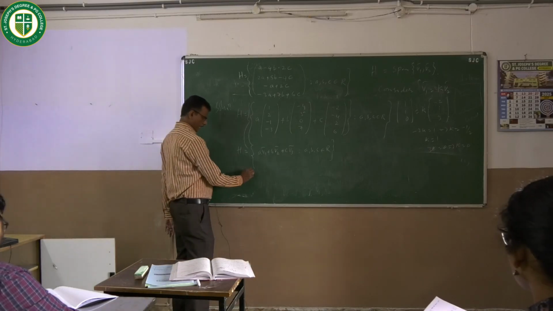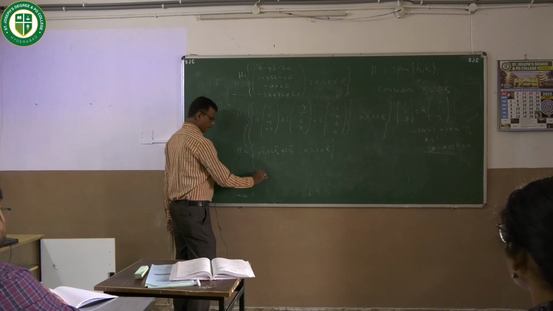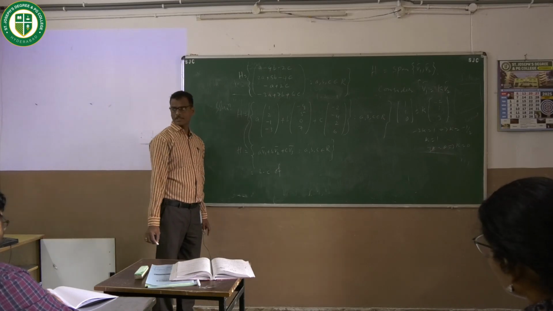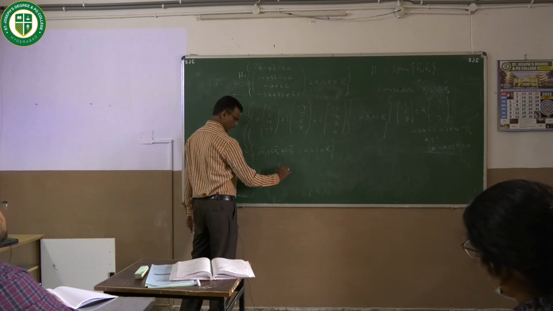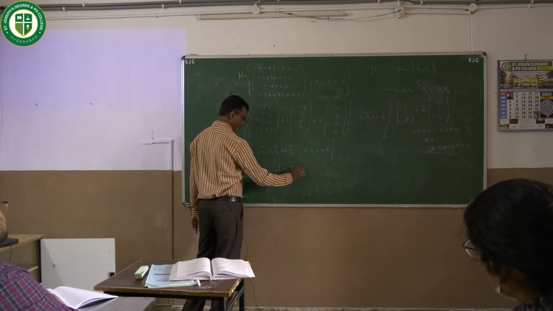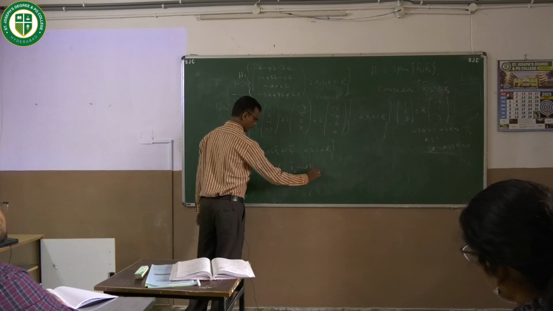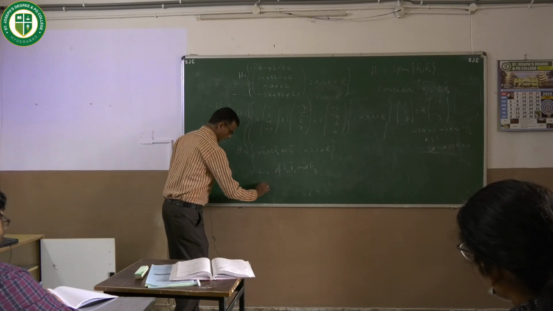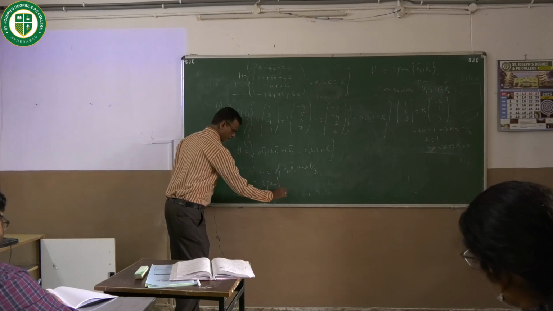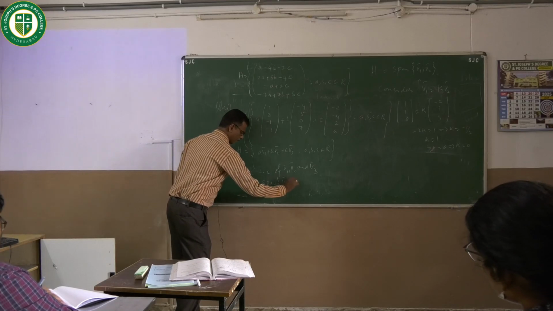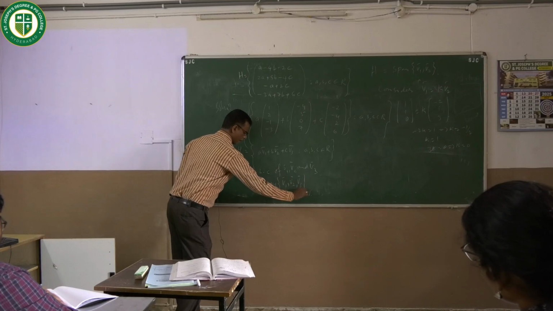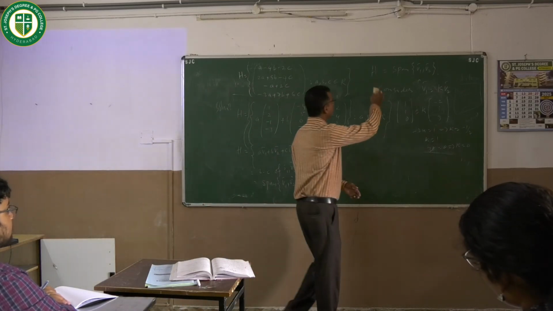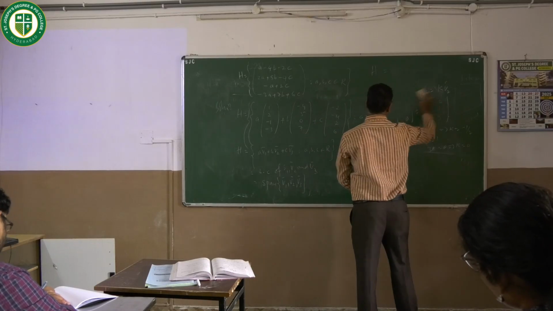After that, you write: a linear combination of which vectors? V1 bar, V2 bar, and V3 bar. So it can be written as the span of the set V1 bar, V2 bar, V3 bar.